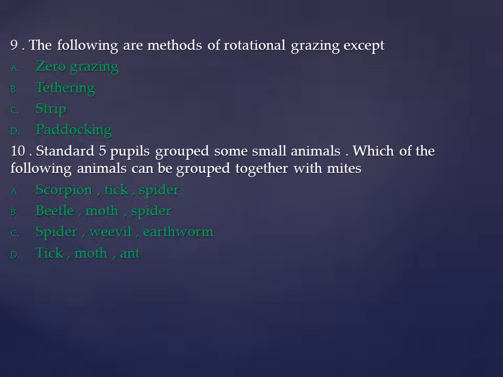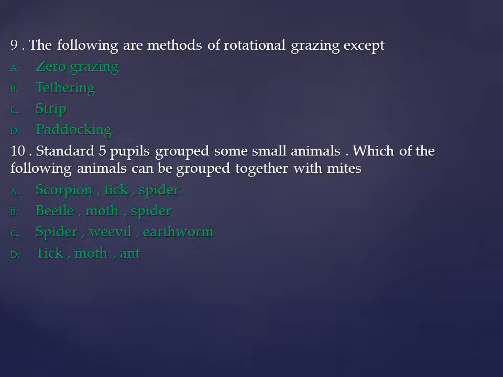Lastly, number 10. A standard 5 pupils grouped some small animals. Which of the following animals can be grouped together with mites? Candidates, what are some of the points that you should have on your fingertips for you to get a correct answer? Here, the examiner is testing on insects and invertebrates with 8 legs. Insects have 6 legs and 3 body parts.